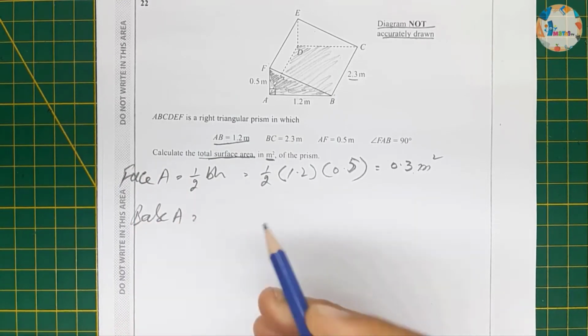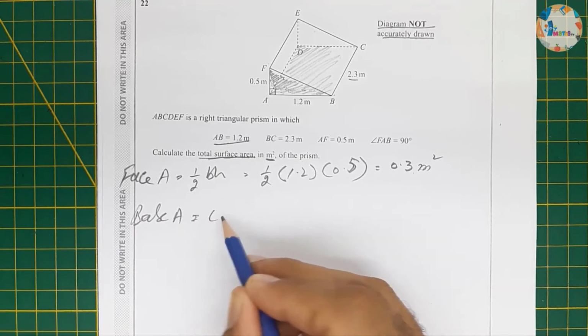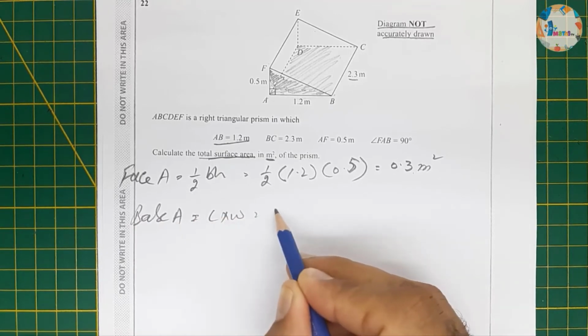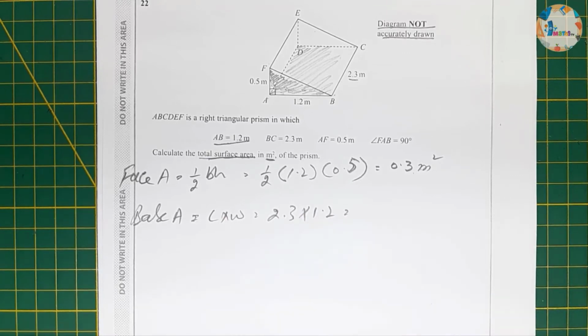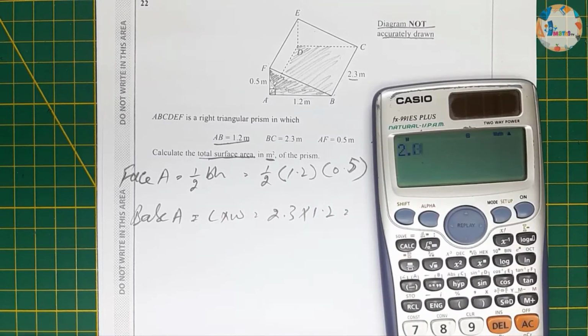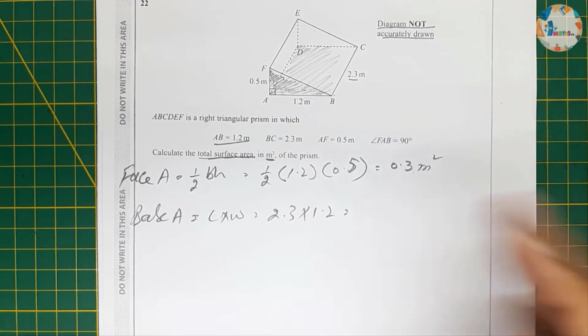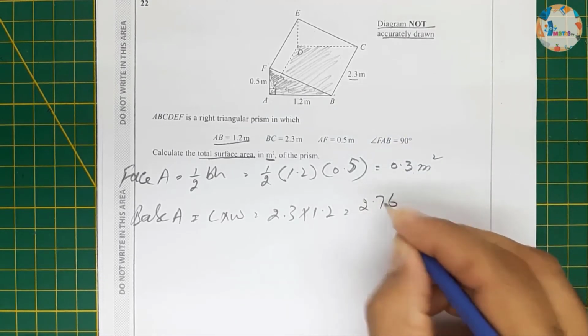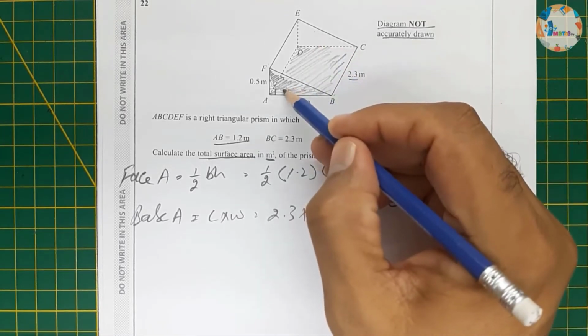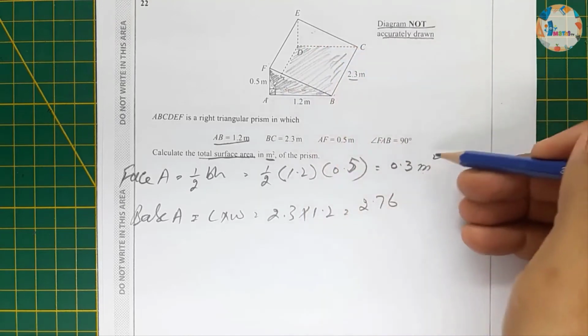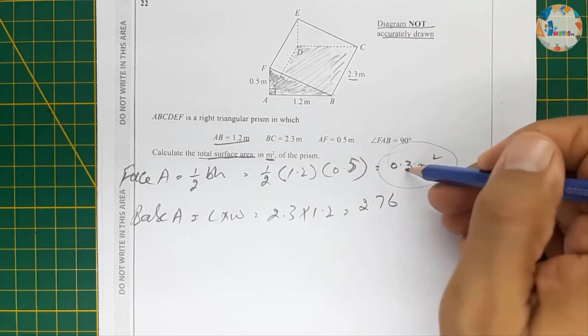Base area will be equal to length into width, which is equal to 2.3 into 1.2, which is equal to 2.76. Now we got this base area and this triangle area, and this triangle area will be the same as this one, so we'll double this.